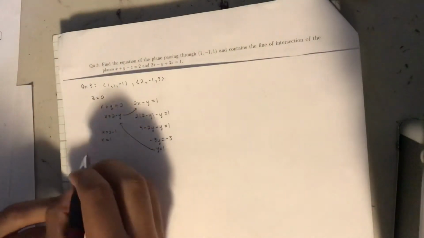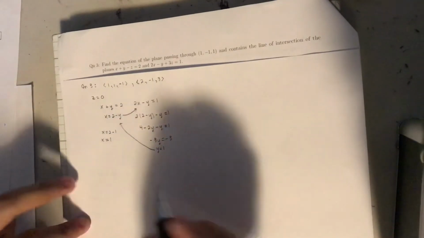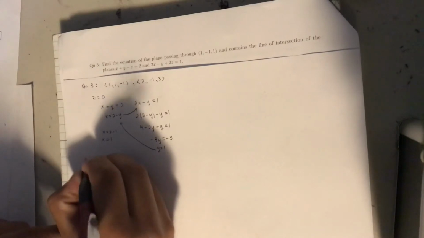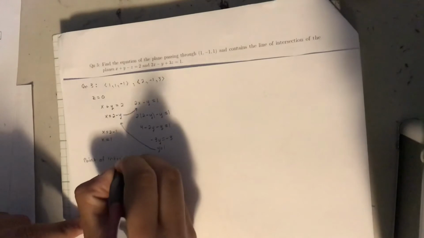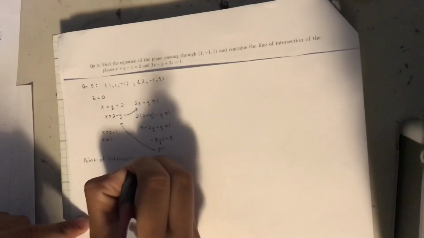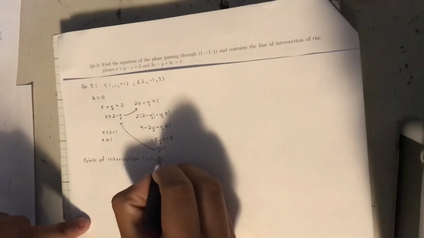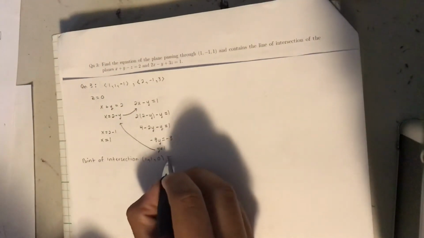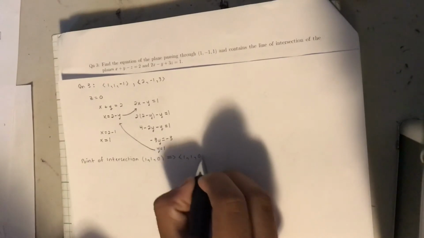Therefore we found a point on the line of intersection, which is (1, 1, 0), which can be written in vector form as 1, 1, 0.